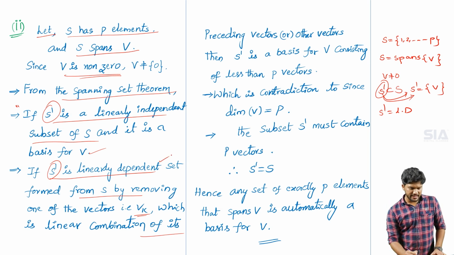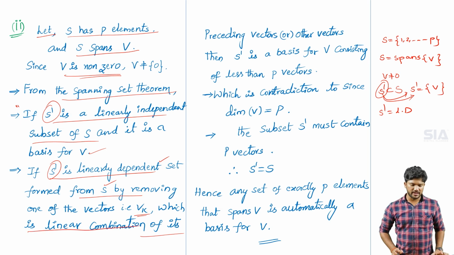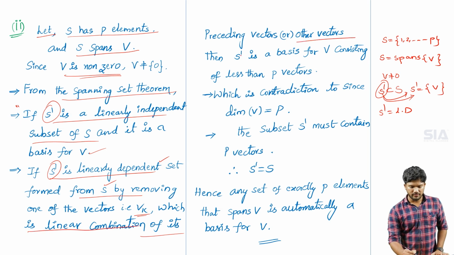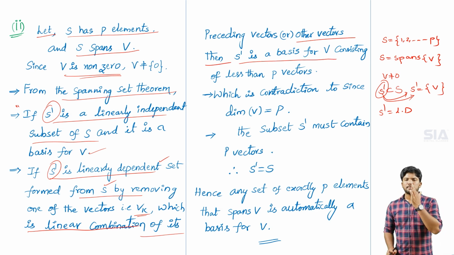If S dash is a linearly dependent set formed from capital S by removing one of the vectors, that is V suffix k, which is a linear combination of its preceding vectors or other vectors, then S dash is a basis for capital V consisting of fewer than P vectors.